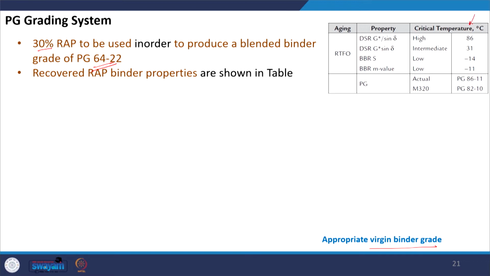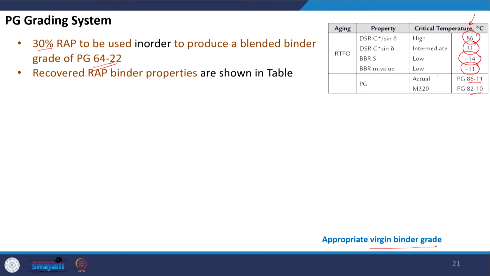So, this is the critical temperature, which means the true fail temperature corresponding to 2.2 kPa, it is 86 degrees Celsius, 31 for G* sin delta, value of S minus 14 and value of m minus 11. So, the true grade becomes 86 minus 11, whereas the actual grade as per M320 becomes 82 minus 10.